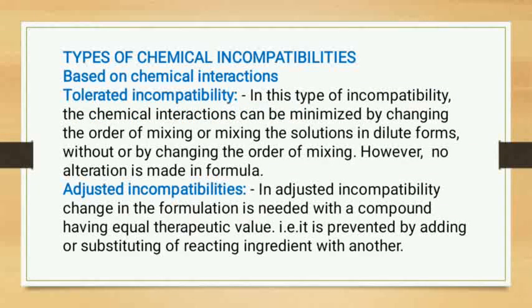So here are the types of chemical incompatibilities. Based on their chemical interaction, we can classify them as tolerated incompatibility and adjusted incompatibility. So tolerated incompatibility: in this type of incompatibility, the chemical interaction can be minimized by changing the order of mixing or mixing the solution in dilute form.